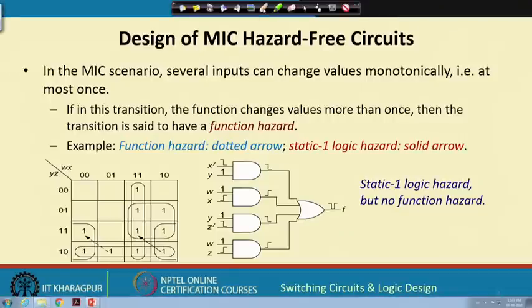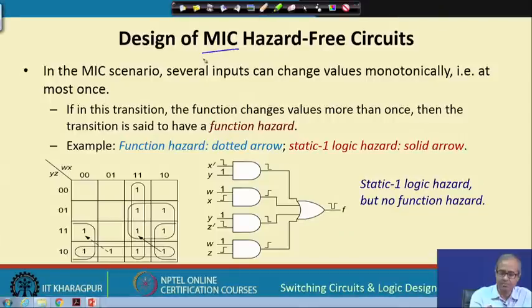Here we start by talking about multiple input change situations and how such hazards can be handled. One thing let me tell you: when multiple inputs are changing, then in addition to logic hazards you can also have function hazards.